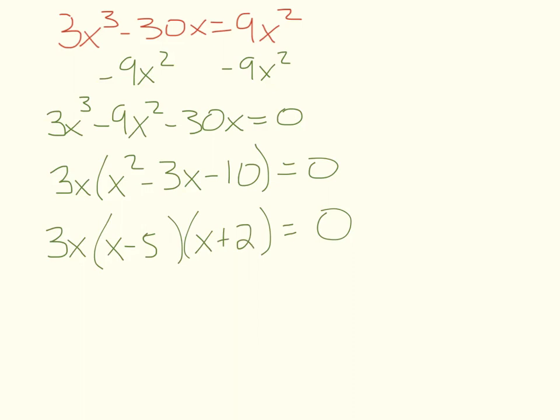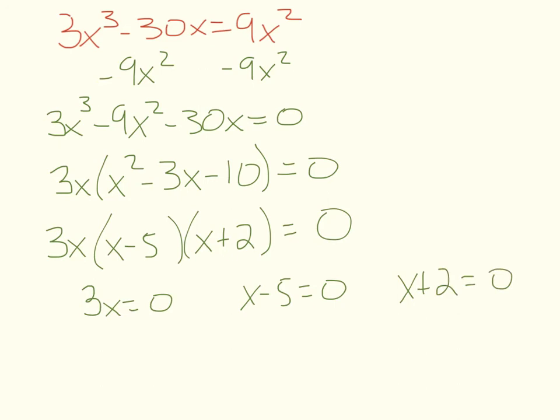It's always a good idea still to check to make sure that you have factored this correctly. So we have this completely factored. We're going to set each of our factors equal to 0 and solve.